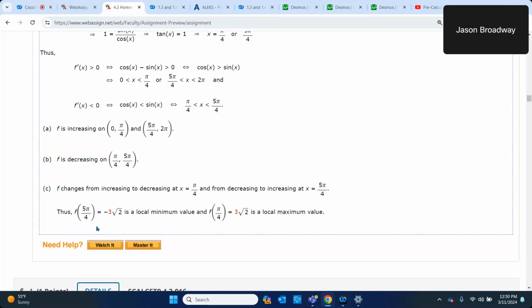So f of 5 pi quarter had better be a local minimum, because if you're decreasing on the left and increasing on the right, you're a low. Oh, I need to be over here, pi quarter. If you're increasing on the left and decreasing on the right, you're like an upside down parabola, right?